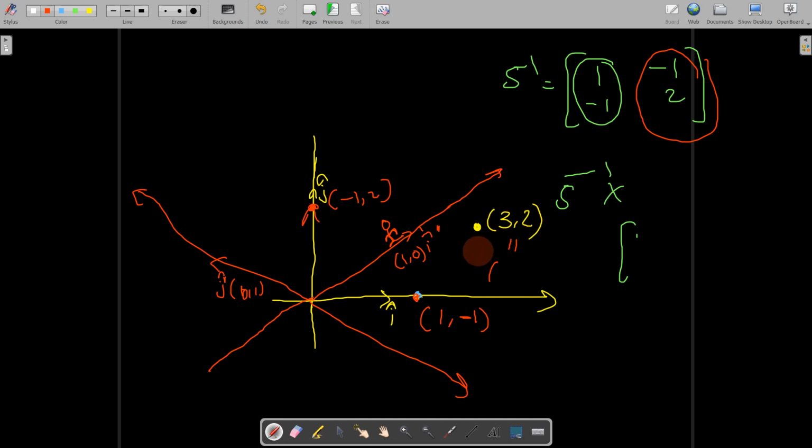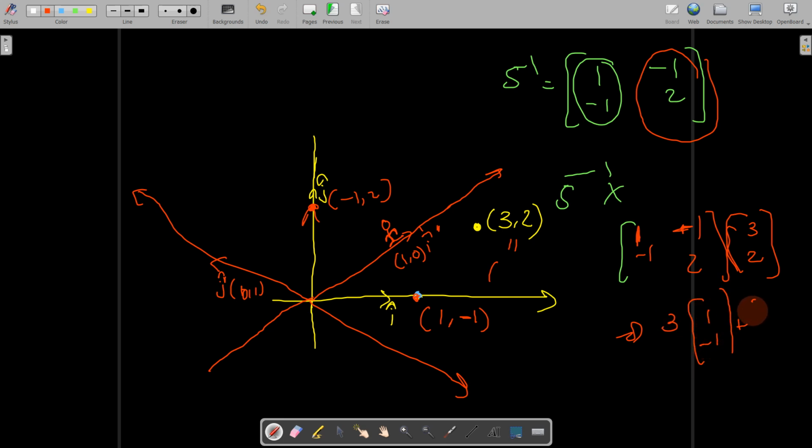Okay, so let us see. We will do this: 1 minus 1, minus 1 2. The 3 2 input is your coordinate in the original coordinate system, how much scalar you had to move. Now 3 times this, so that would be 3 times 1 minus 1 plus 2 times minus 1 2.